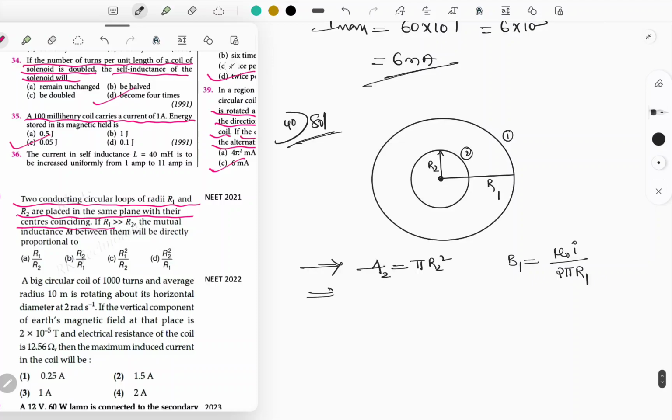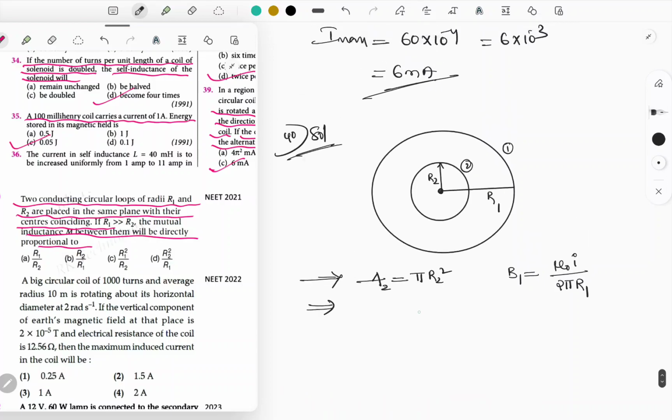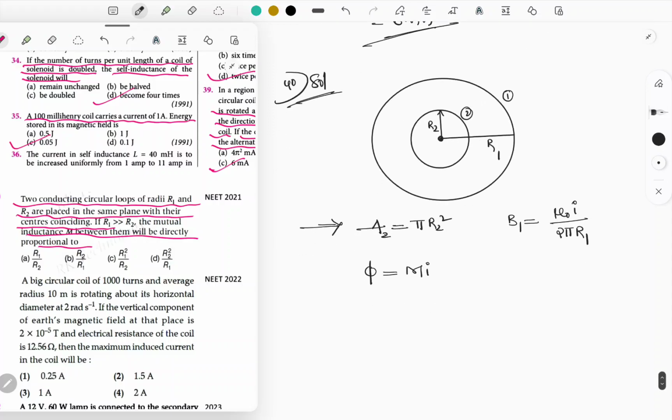The question they're asking is what mutual inductance M between them is directly proportional to. So what's the formula for flux linkages? As we have only one loop here, flux linkages phi is equal to M into I. Instead of L into I, we are writing M into I because it is a mutual inductance.